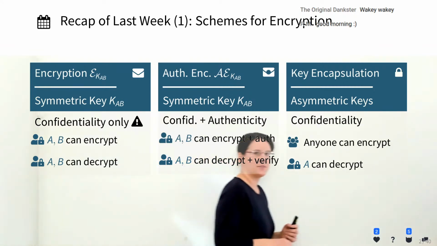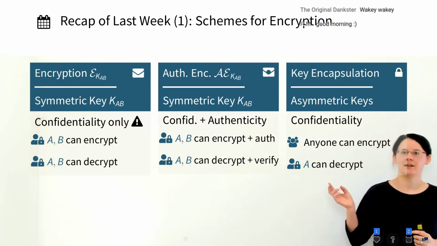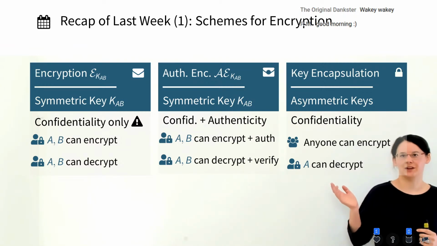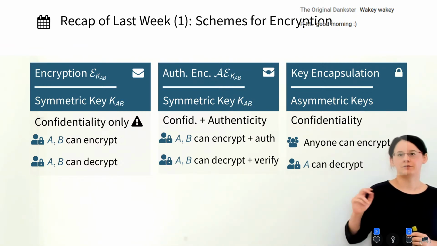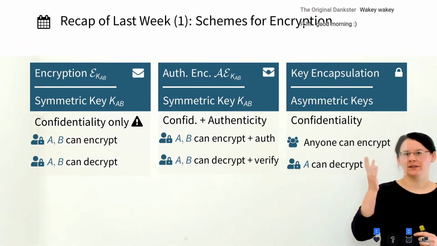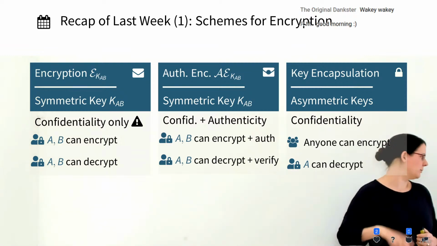We also mentioned that there is a third case, which is going to be one of the topics today, namely asymmetric encryption, which is also sometimes called key encapsulation in some cases. The difference here is that in the asymmetric case, not the owner of the key, but everyone can encrypt stuff. And only the owner of the key can decrypt.